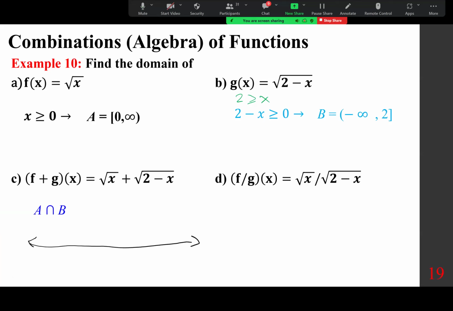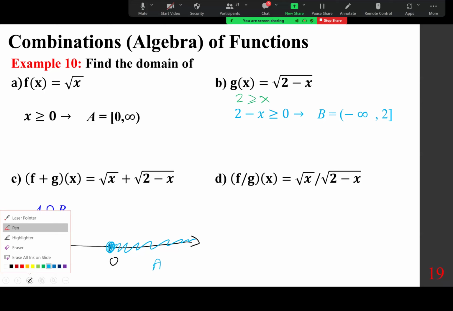Here's A, which goes from 0 to infinity. That would be A, right? From 0 to infinity. The B is from negative infinity to 2.